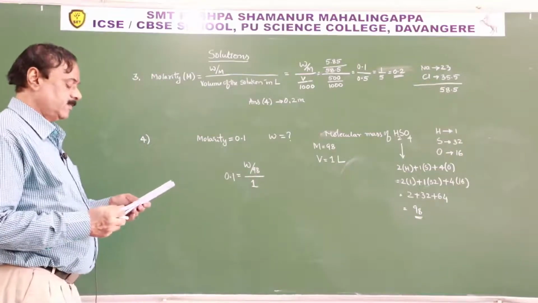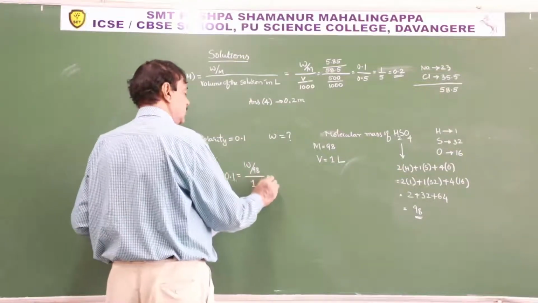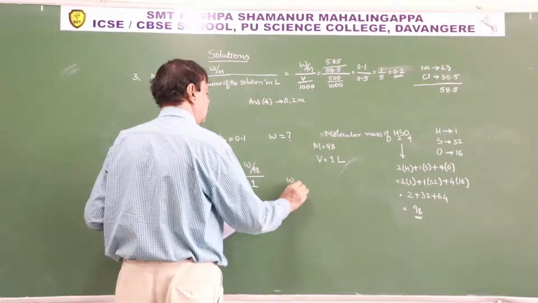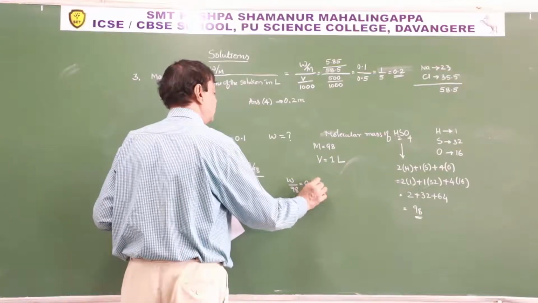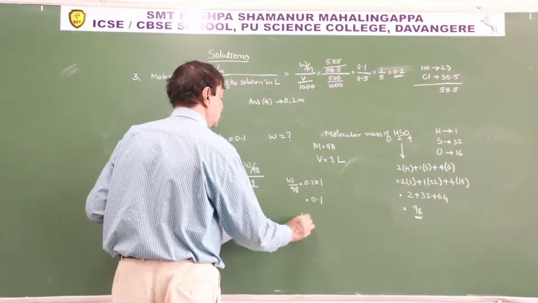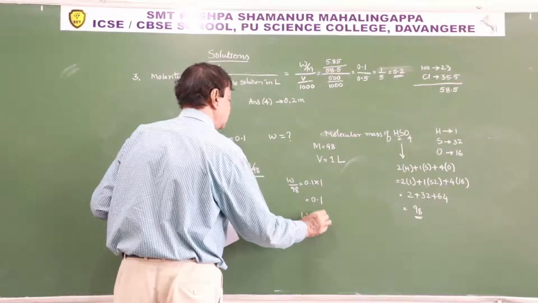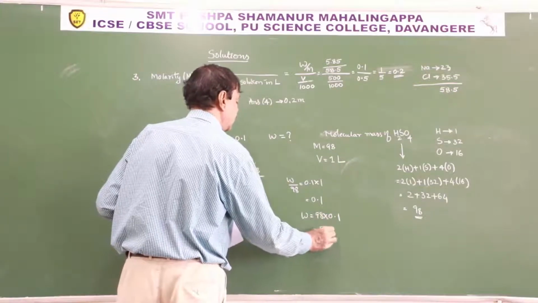They mentioned 1 liter. Therefore, you have to calculate W. W divided by 98 is equal to 0.1 into 1, that is 0.1. Therefore, W is equal to 98 into 0.1, that is equal to 9.8.